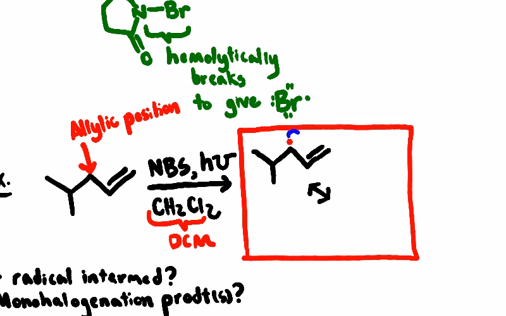So we'll move the single electron over from that unpaired electron to make the first portion of this pi bond. The second electron for the pi bond is going to come from the existing pi bond here. So now we've brought 2 electrons in to make a pi bond there. And the other electron from the existing pi bond is going to go onto the carbon on the very end here.